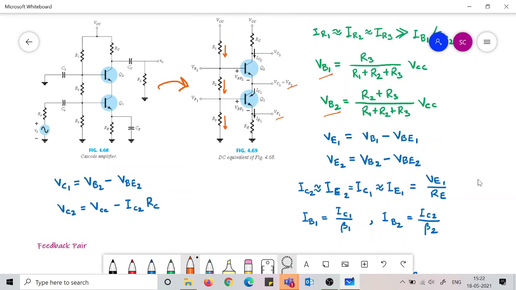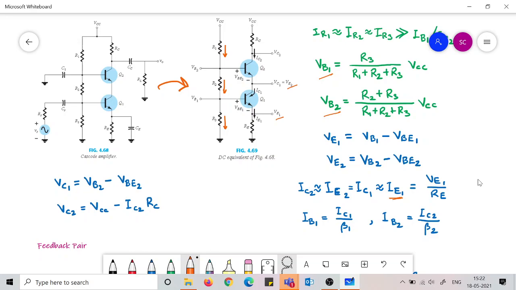As you can see, this current IC2 is approximately equal to this current, which should be approximately equal to this current. So all these would be equal to IE1, and IE1 we can calculate as VE1 by RE. All the collector and emitter currents are the same, and we get all these currents.